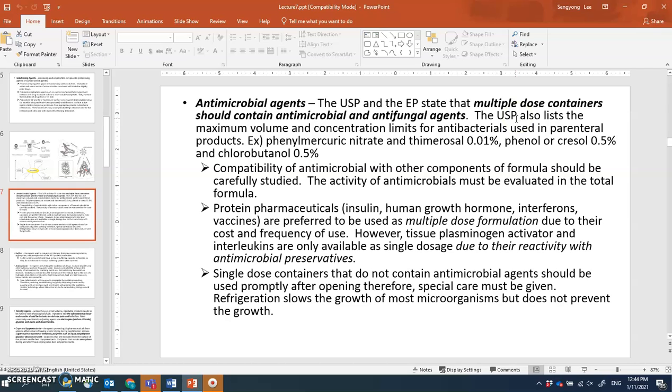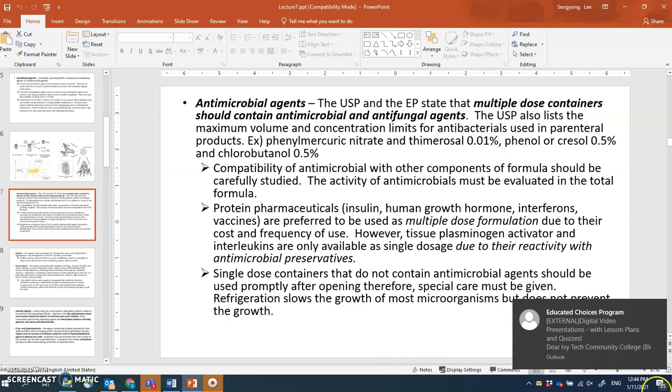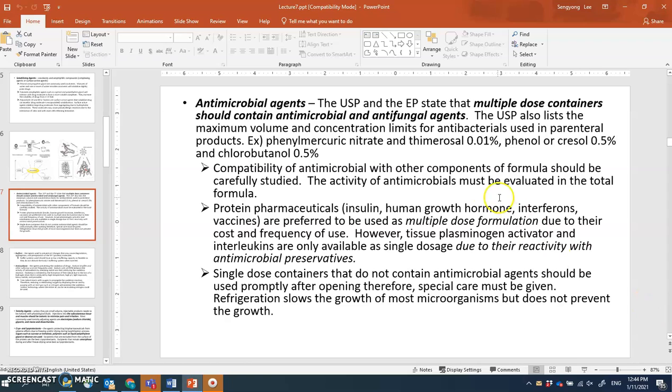If it comes with multiple dosages in that injectable cartridge, you may have to use it several times before you throw it away. Then by using it multiple times, you may get some contamination going into your drug. That's your concern. So to prevent anything from growing inside of the formulated drug, you may have to add some antimicrobial substance or antifungal agents in your formulation.